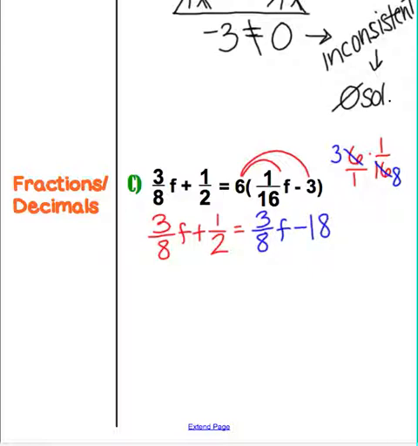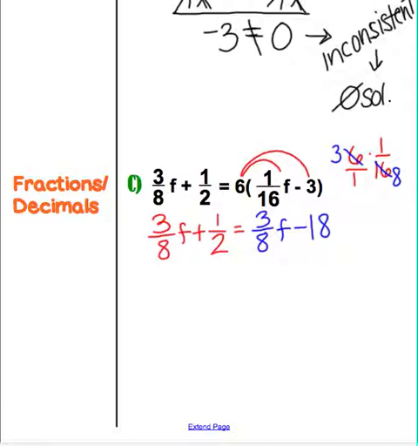Now I realize that in our lesson from Learning Target 9, Day 3, dealing with multi-step equations with fractions and decimals, we talked about clearing the denominator. However, if you notice here, we've got a 3/8 f and a 3/8 f, so that works pretty nicely.